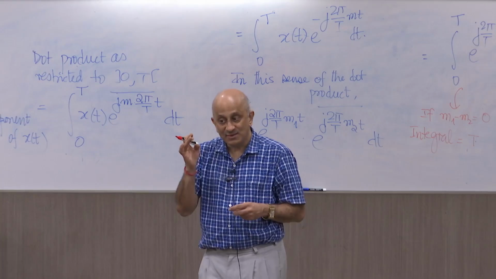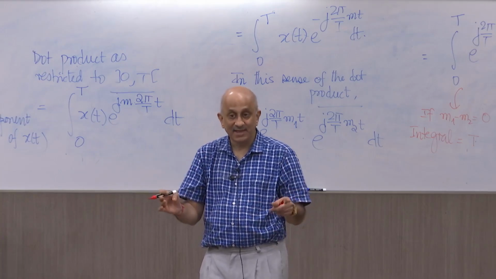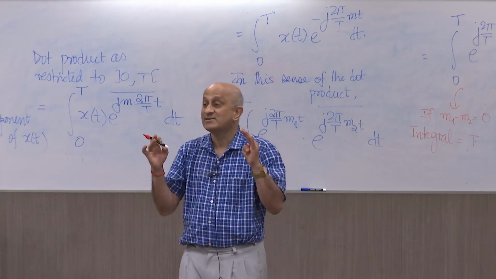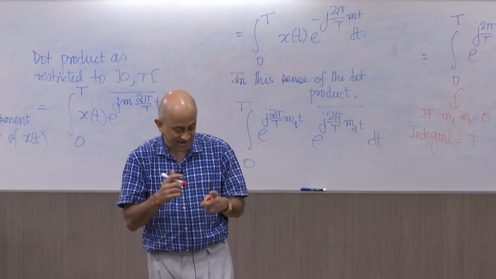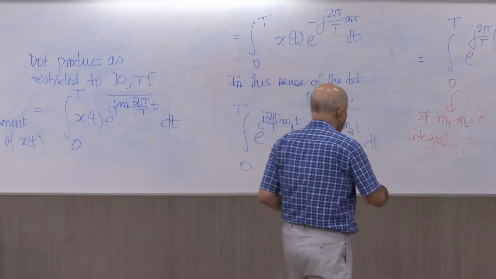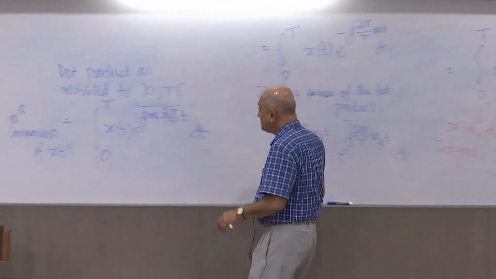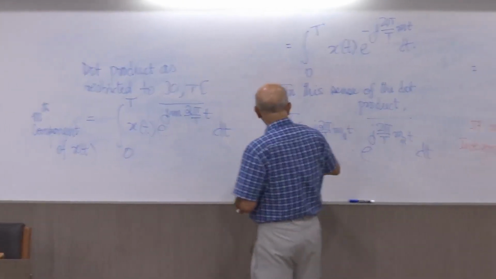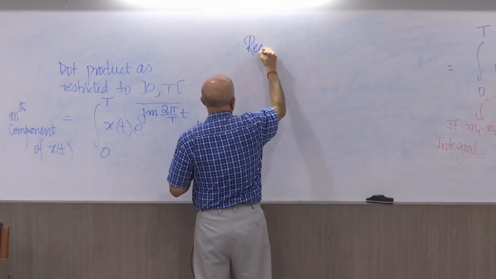So when you restrict your attention to a certain interval of time, you are talking about a perpendicular set of vectors. Is that right? So now it's very easy to reconstruct x(t) from its orthogonal components. So, reconstruction.